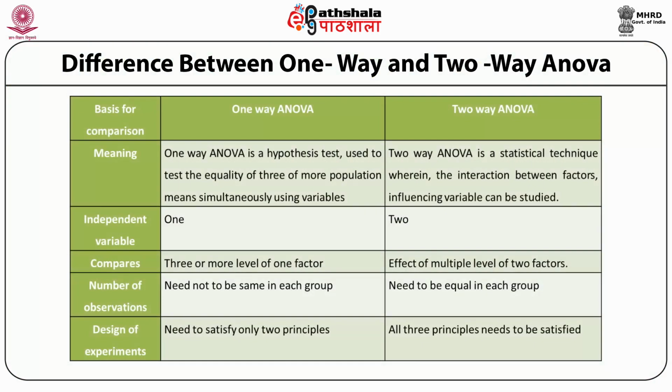Let's see the difference between the one-way ANOVA and two-way ANOVA. While making a comparison, first see how the meaning of one-way ANOVA and two-way ANOVA differs. Now, a one-way ANOVA hypothesis test is used to test the equality of three or more population means simultaneously using variables.